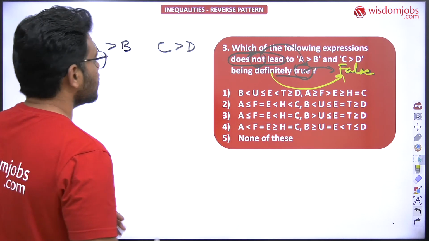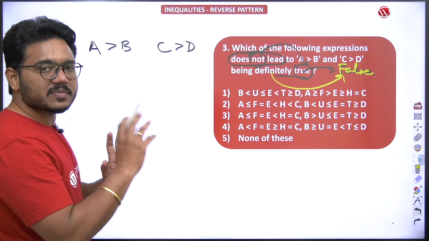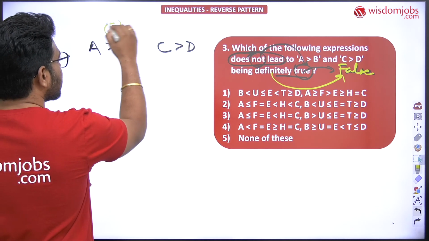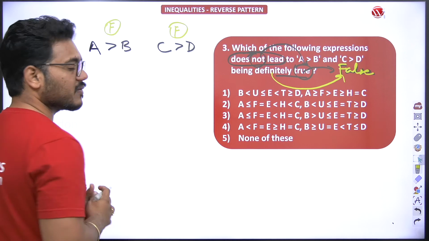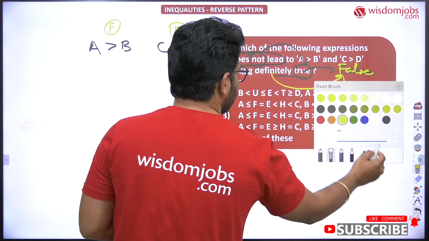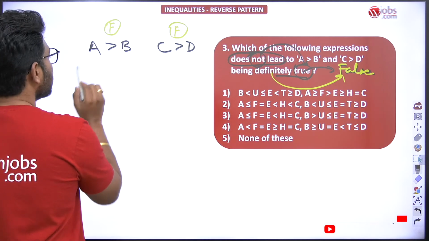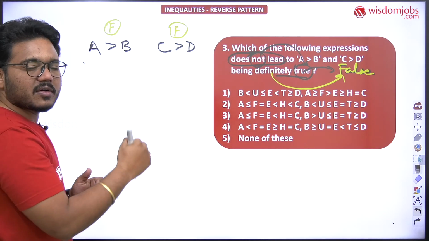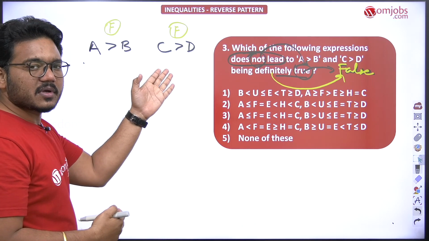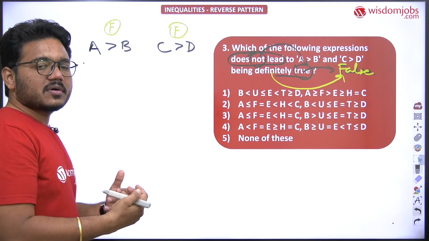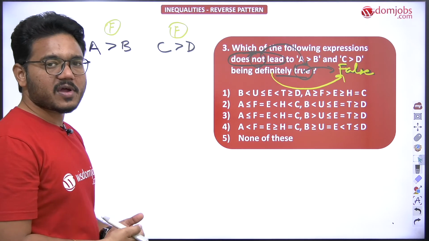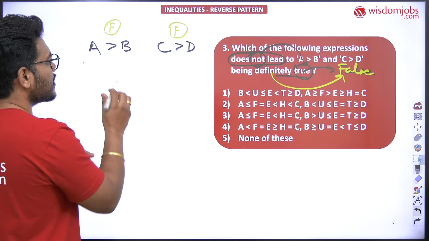Now that it has become the problem statement, as we rearranged it, we understand that this one should be false and this one should be false. In order to make them false, first we need to check what the various possibilities are which make them true.